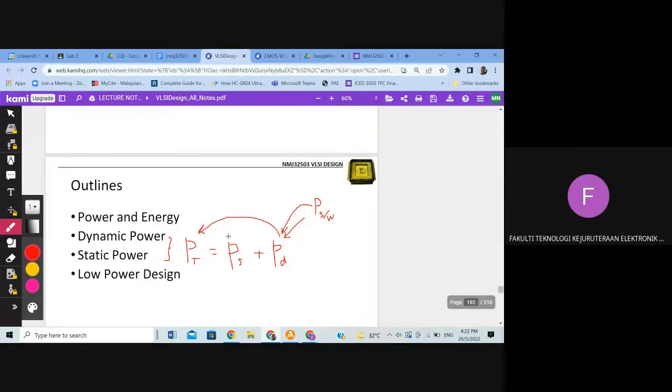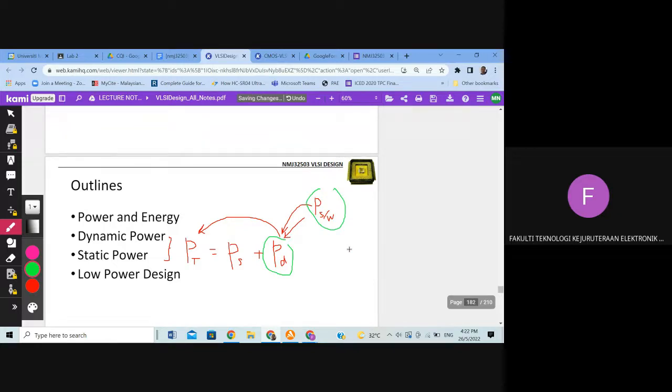Static power is basically the power needed to power up your chip. Normally it does not consume much compared to the dynamic power. Most of the contribution to the total power comes from the dynamic element, and most of the dynamic element comes from the switching inside the chip.